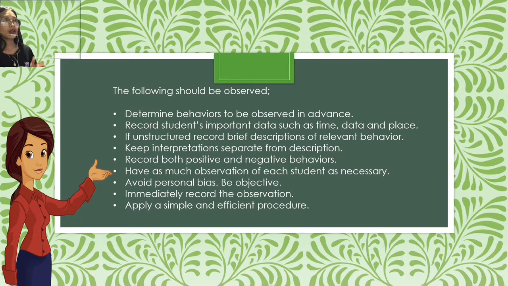Keep interpretations separate from descriptions. Record both positive and negative behaviors. Have as many observations of each student as necessary. Avoid personal bias and be objective. Immediately record the observation. Apply a simple and efficient procedure.